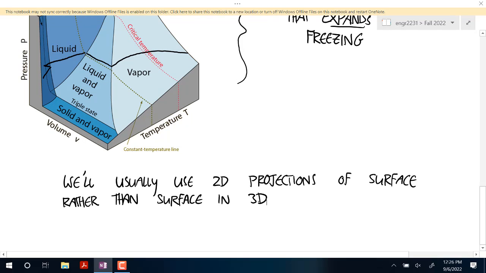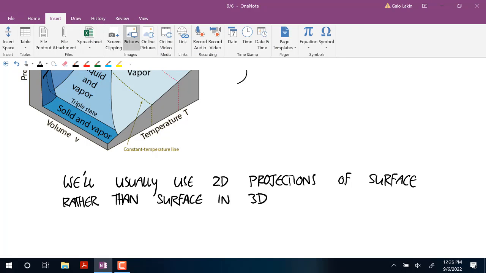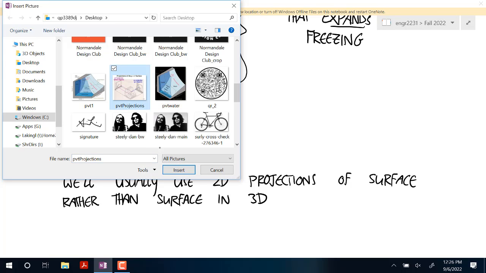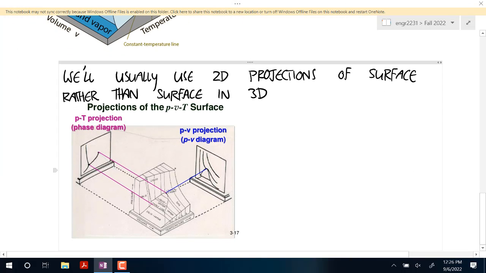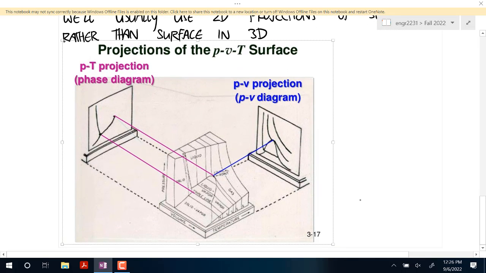So you can imagine, I have another picture here. So that's sort of a picture of what we're talking about. You can use orthogonal projections of this surface onto any of those planes. You can look at a volume temperature plot, that's the one that's not shown.